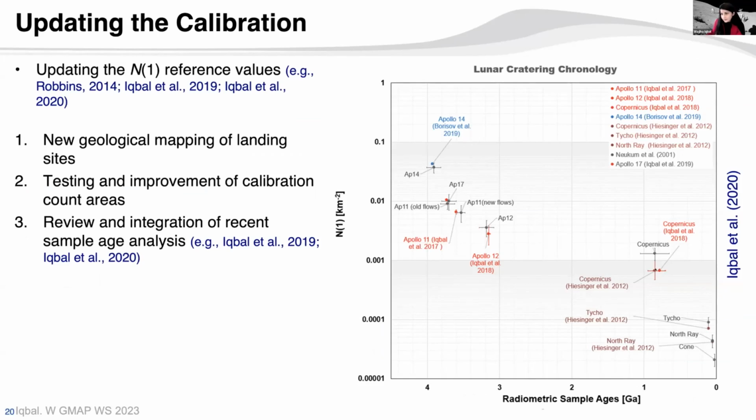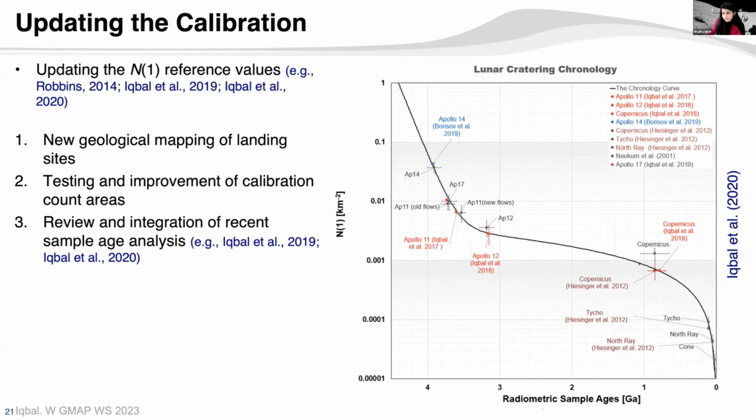Here again, this red one is the one for Copernicus crater that we have this value for on a Copernican ray material, and this was the original one. If we look at this chronology function, you can see how much better it fits on these new calibration points. And these calibration points came from more accurate geological mapping.